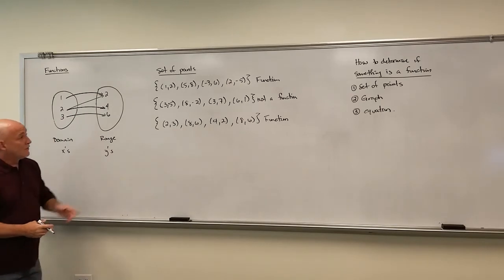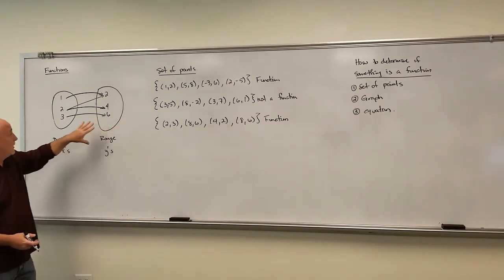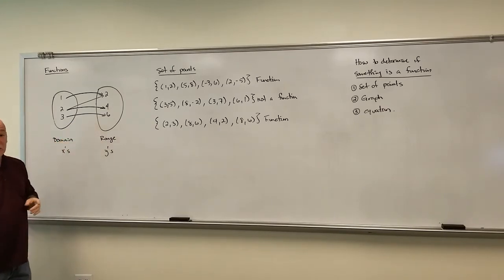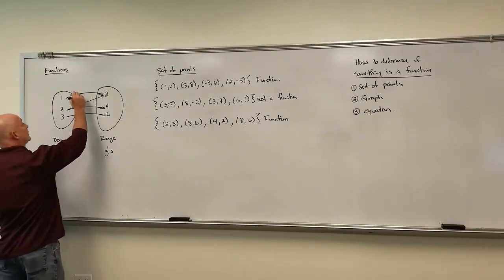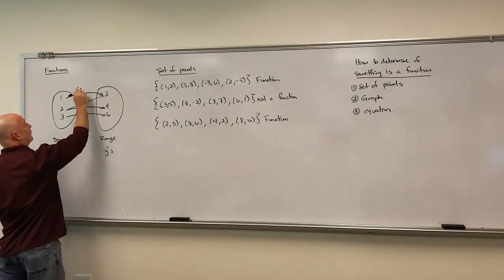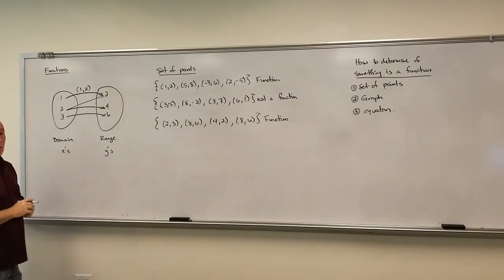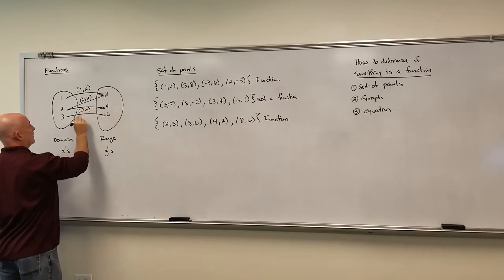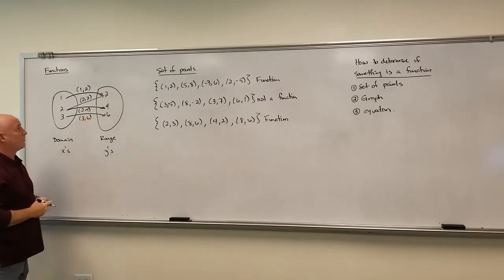All right, now another way that they can present this set of points, and this is why I left this up here, is a picture like this, because this is actually a set of points. Right? If you were to take a look at this, an x value paired with a y value, so that line going across there, you can think about it as the point 1, 2. Next line you can think about as the point 2, 4, and the last one could be considered the point 3, 6.